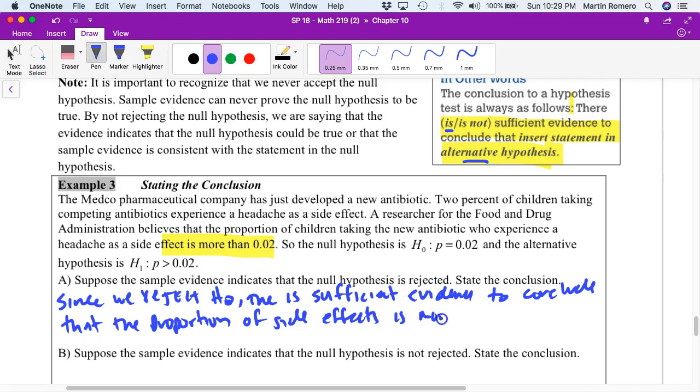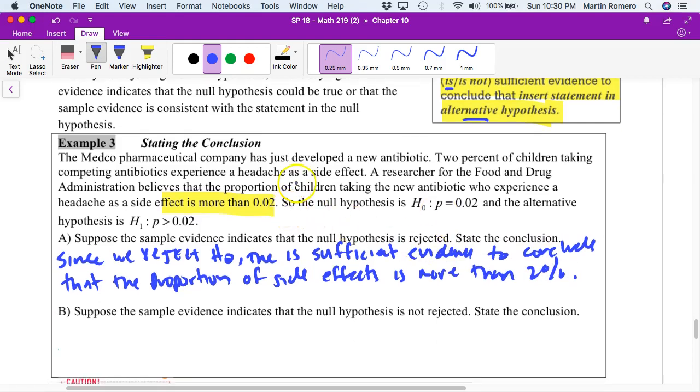That would be our statement. If the sample evidence indicates that the null hypothesis should be rejected, since we reject the null hypothesis, there's sufficient evidence to conclude that the proportion of side effects is more than 2%.